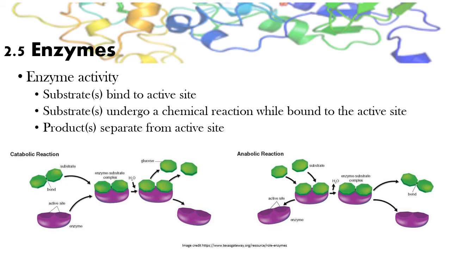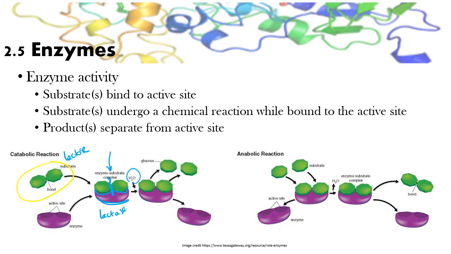So just one more quick review of how this works. We've got this substrate. Perhaps that substrate is lactose. Lactose is going to bind to the enzyme lactase on its active site. We now have that enzyme substrate complex. The enzyme is going to put some stressors on this bond and make it easier to break the bond.